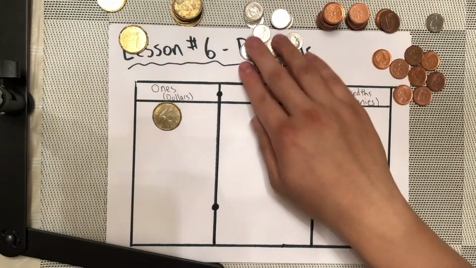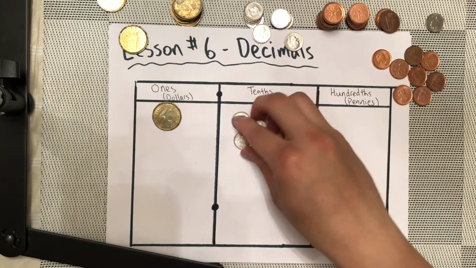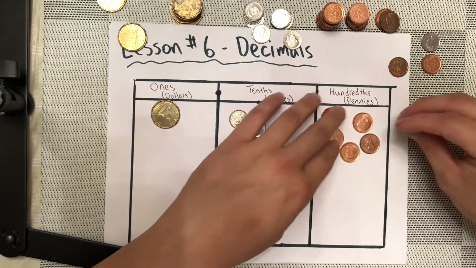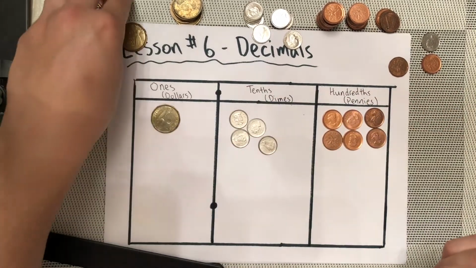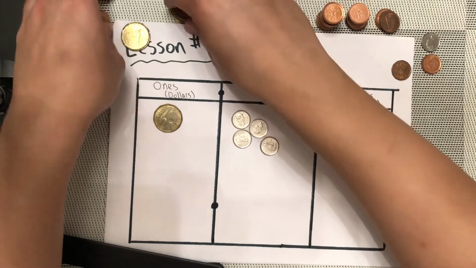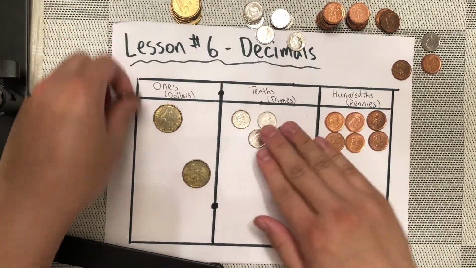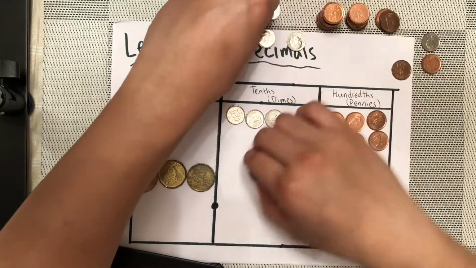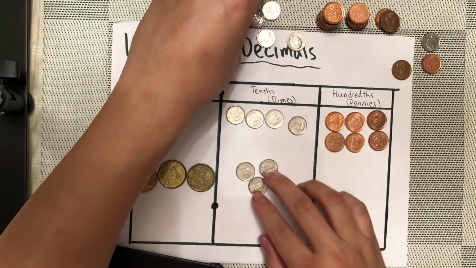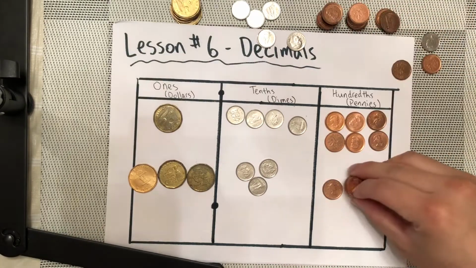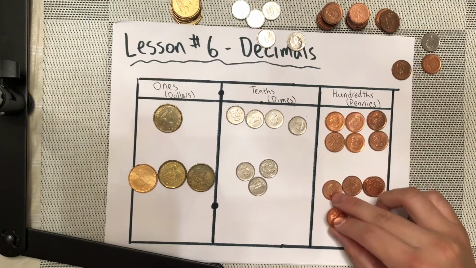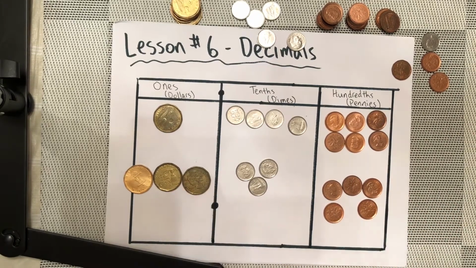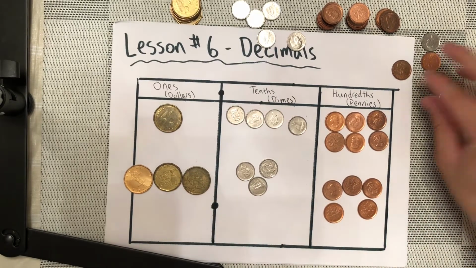Let's say I have $1.56, and I'm trying to add $3 and 35 cents. Well, let's put these together.